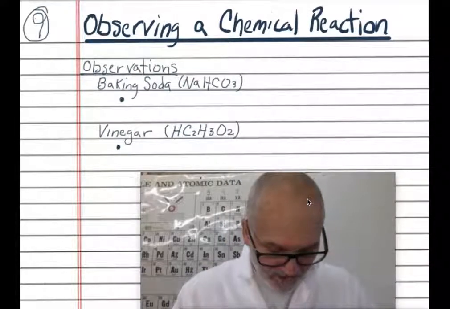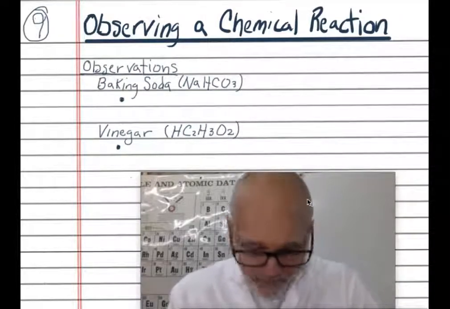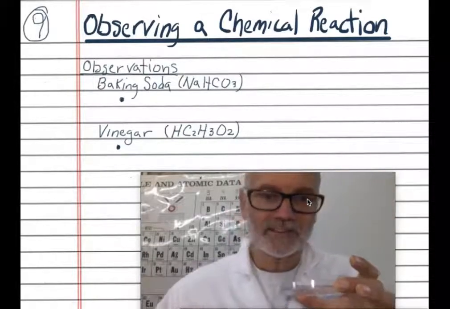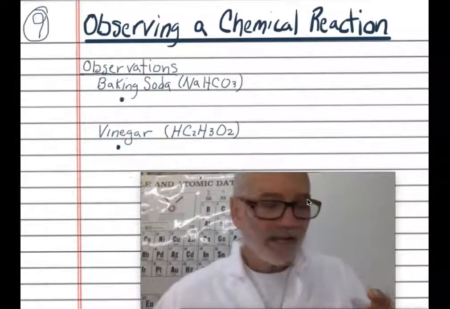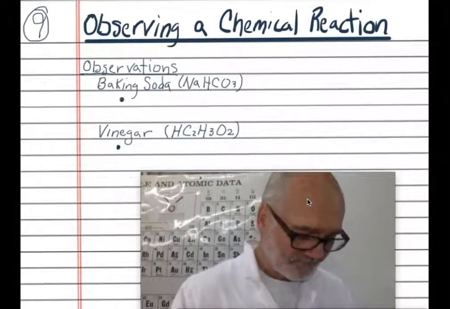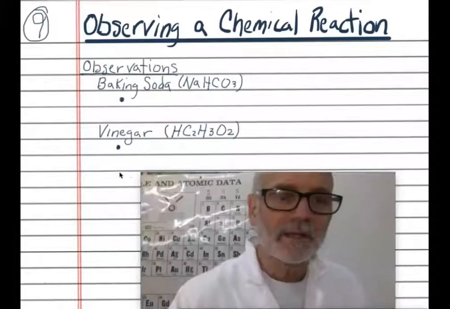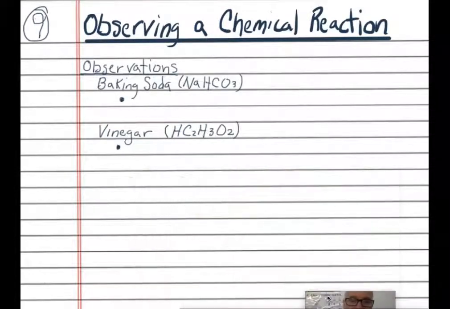What I'm going to do now is take my petri dish, which has a little bit of vinegar in it, and we're going to look at it under the dissecting scope. I'm going to make my face a little smaller.